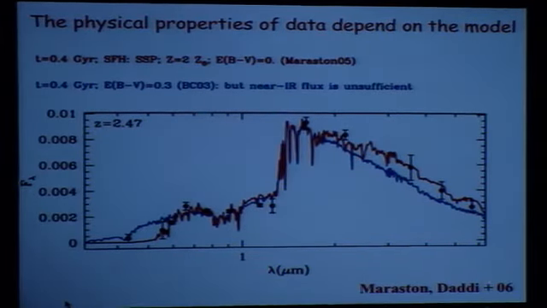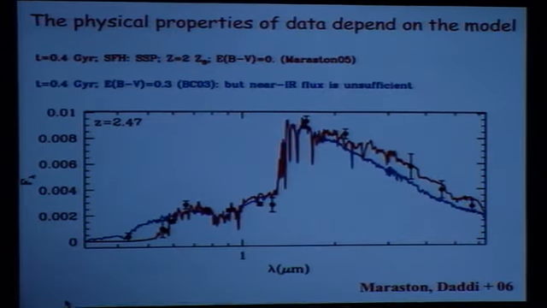What Emanuele Daddi mostly did, and then of course we wrote the paper together, was to leave a huge amount of models, so no prior, nothing at all, fitting separately. So the result he got with my model is that the galaxy at this redshift is 0.4 billion years, which is good actually.